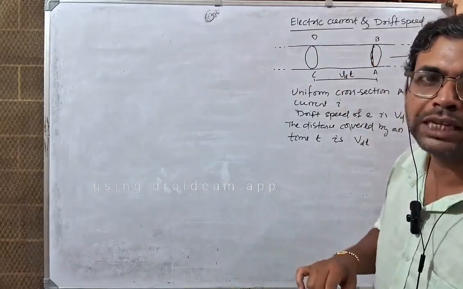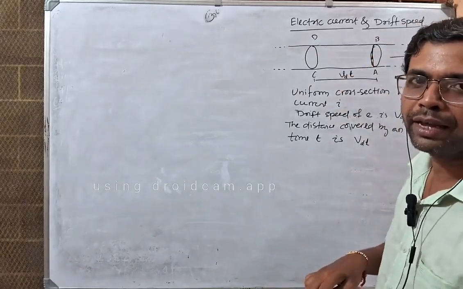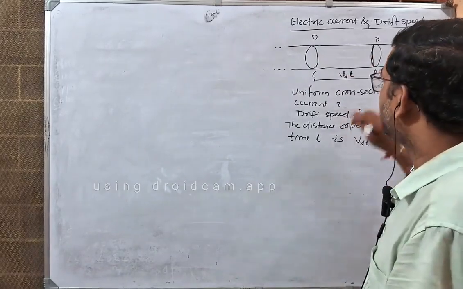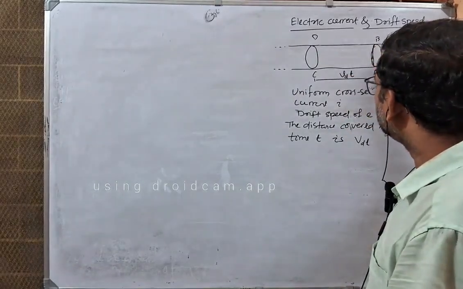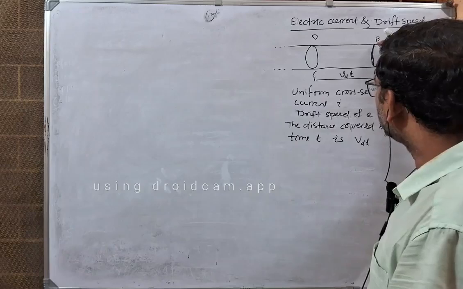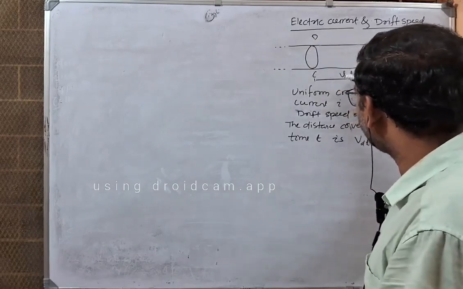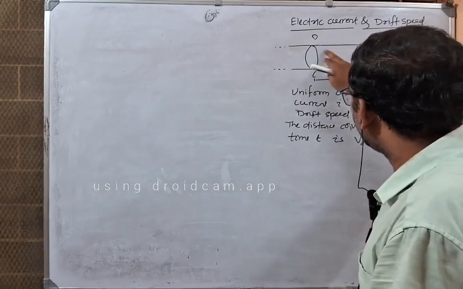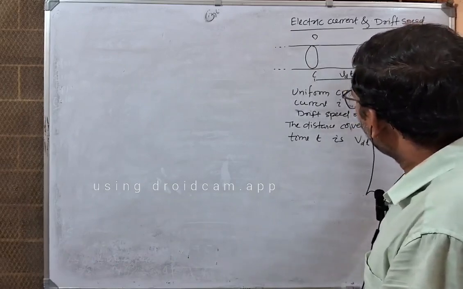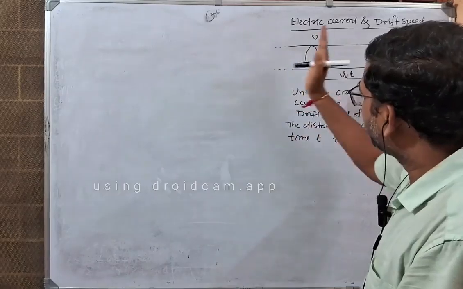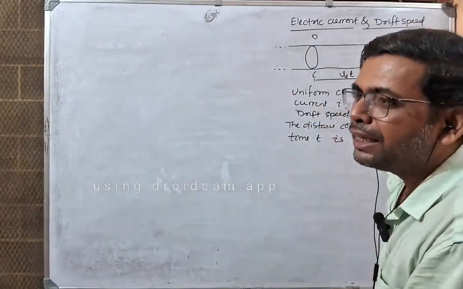You understand this point? All the electrons within this volume will cross this surface CD in time t.